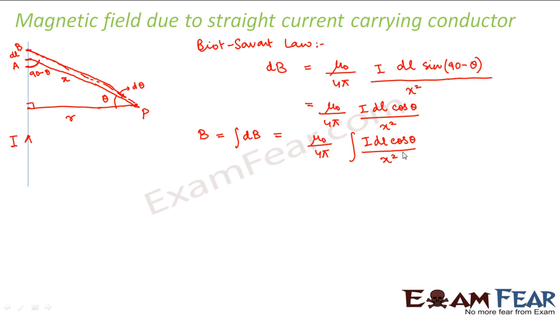When I talk about direction, we will apply the right hand rule. According to the right hand rule, B is given by dl cross r. What is the direction of dl? dl is in this direction, right? This is the direction of dl. So take all your fingers towards dl cross r.